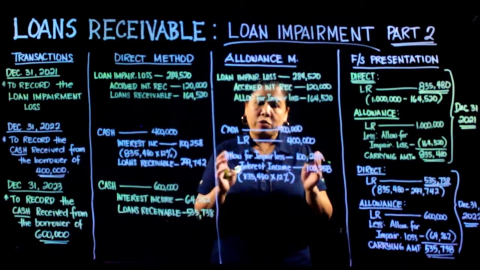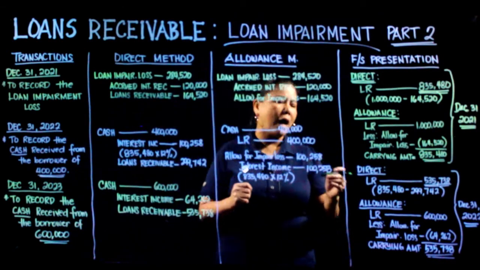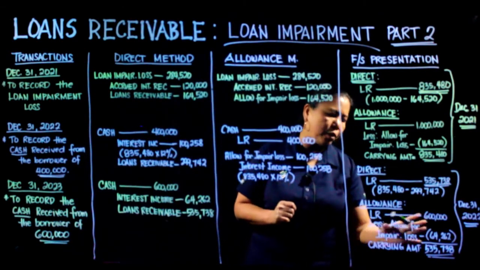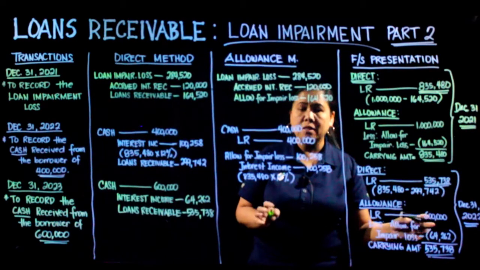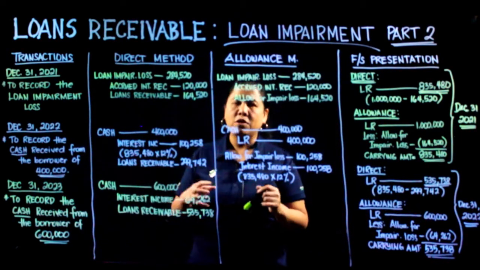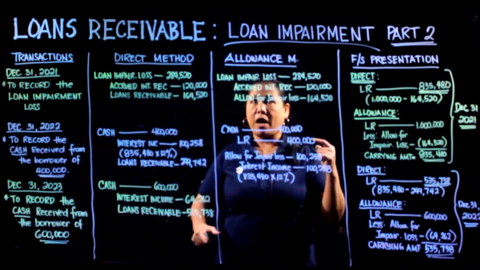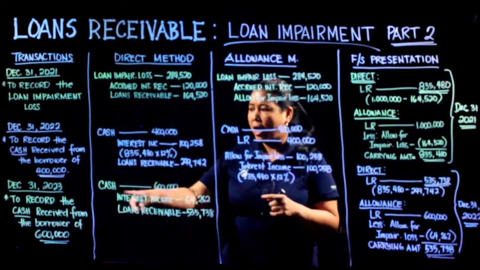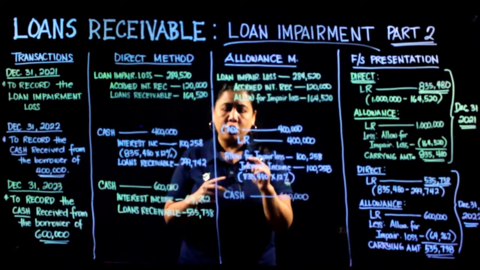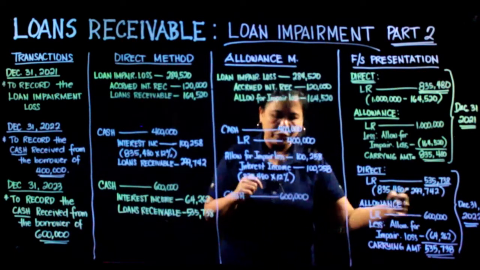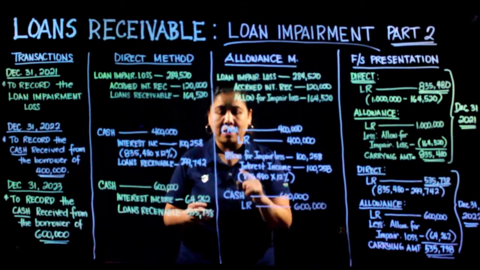Now, kapag allowance method naman ang ginagamit ng company or ng bangko, ang gagawin natin is kung magkano na lang yung natitira sa kanya account na allowance for impairment loss, which is 64,262, yan ang interest income na i-recognize niya sa year 2023. So, ang magiging entry natin this time on allowance method is debit to the cash na na-receive natin 600,000 and credit to the loans receivable of 600,000 para ma-zero out natin yung loans receivable kasi last payment na ni borrower yan.